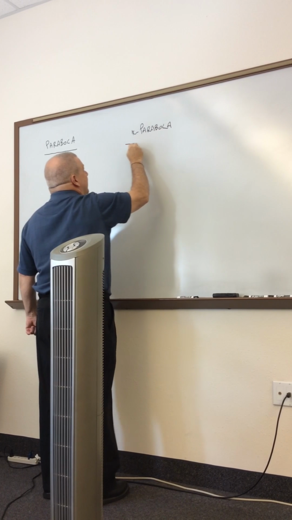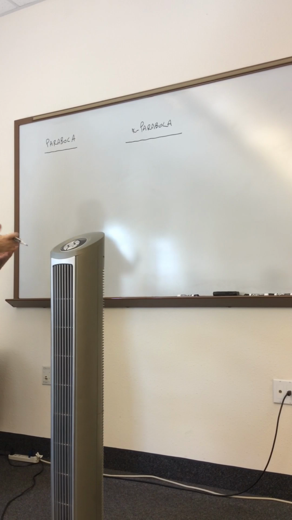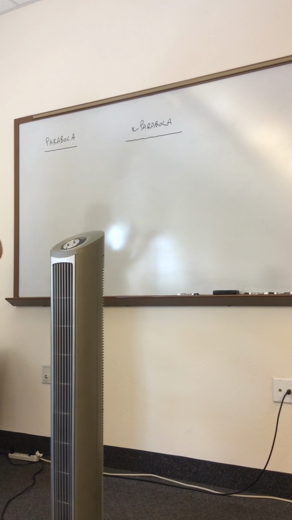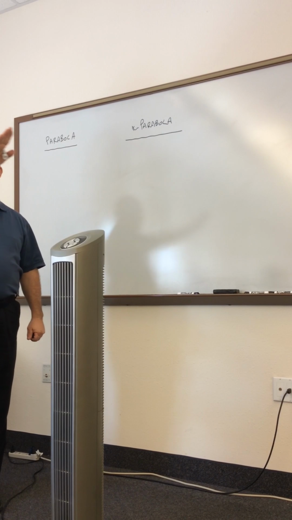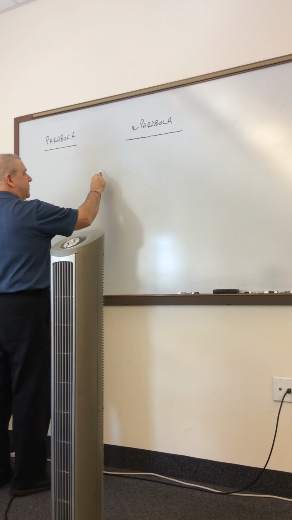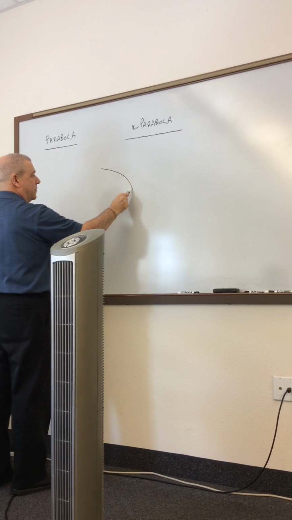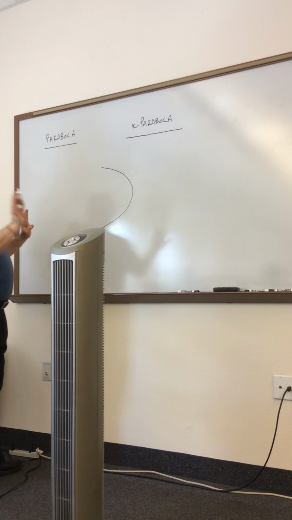Do what I'm going to do up here, but make them big enough. Don't make them real tiny, because I'm going to be putting a lot of different things on it. An X parabola is a U-shaped curve. It could open to the right, or it could open to the left. These are just general sketches. These aren't perfect.